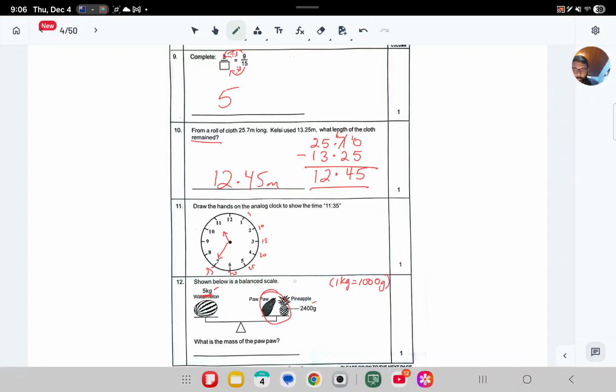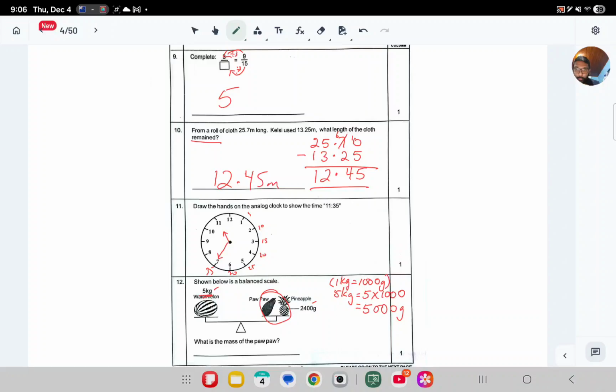So we convert the 5 kilograms to grams by multiplying by 1,000. Whenever we multiply a whole number by 1,000, we just add 3 zeros to the end. So this becomes 5,000 grams, and both sides are 5,000 grams.